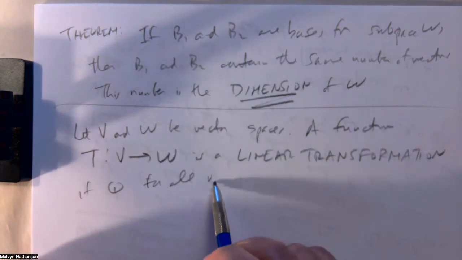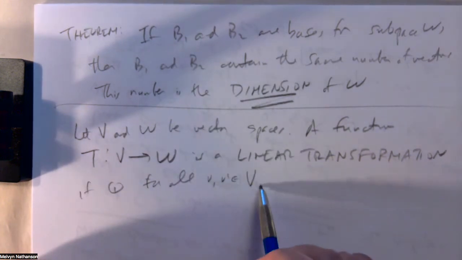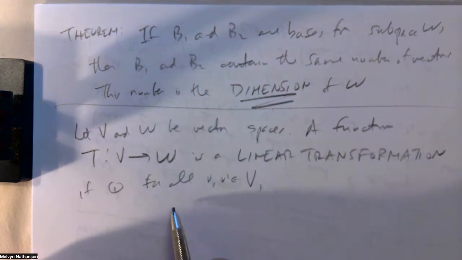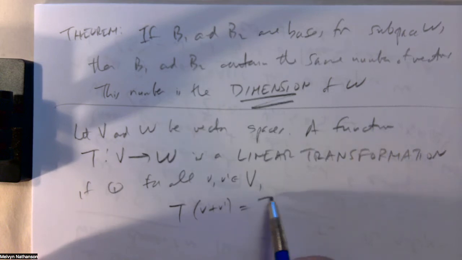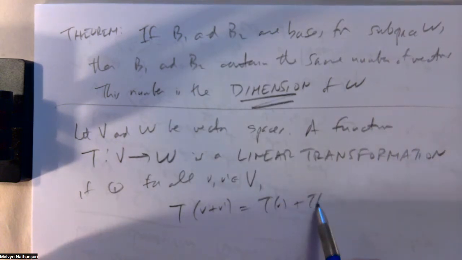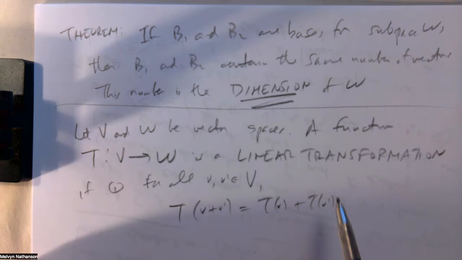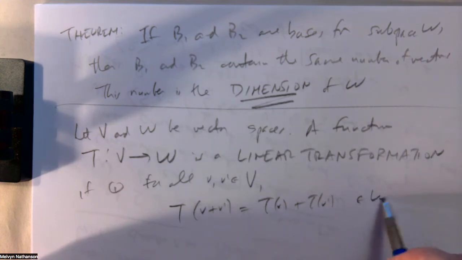For all vectors V and V prime in V, T applied to the sum of those two vectors is T of V plus T of V prime. This is a vector in W.